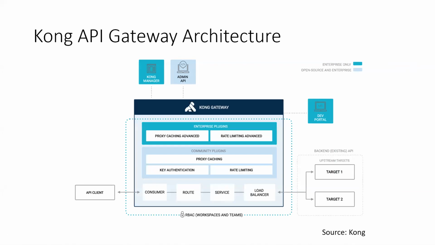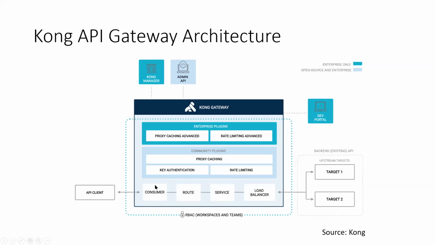So it is a more or less similar diagram. This is the API consumer, the API client, on the left side, and on the right-hand side is the services. In between is the API implementation and the API gateway. The API gateway is the place where you implement security, rate limiting, all of that we talked about in the previous slide. Kong Gateway basically has all of this.